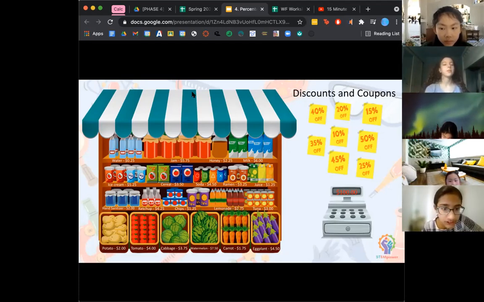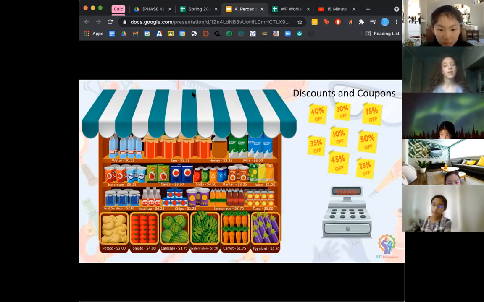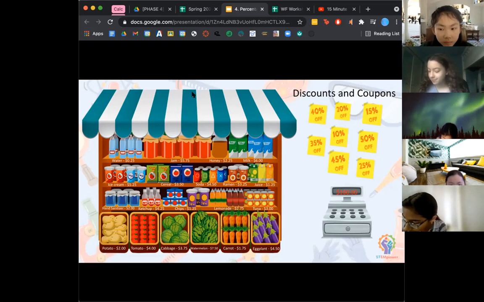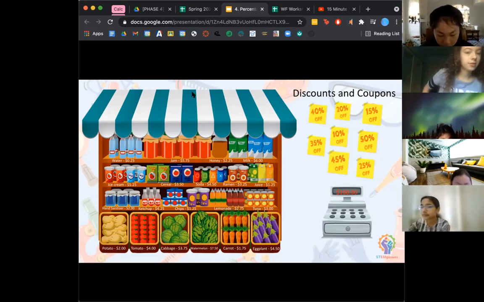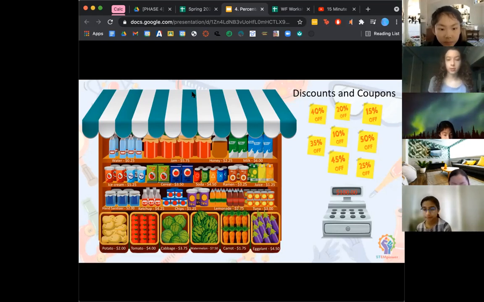So I'm going to give you an example because it's a little hard to explain without numbers. Let's say I'm buying jam for $5.75 and I want to buy 5 of them. I would multiply $5.75, get my calculator. 5.75 times 5 is $28.75. And then if I wanted to use a 40% off, I would multiply that by 0.4 and I get 11.5.